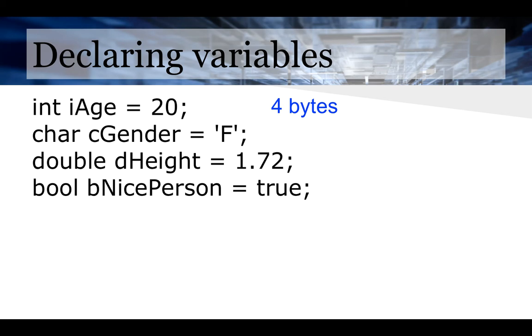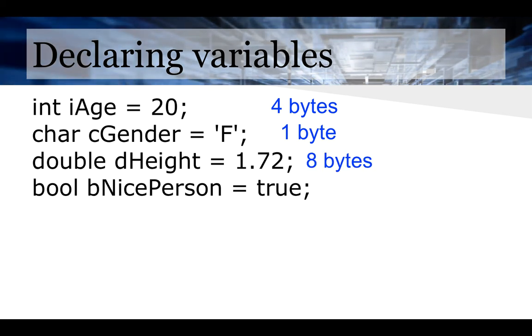Now, every data type will cost you space in memory. For instance, an integer will cost you 4 bytes, where char costs you 1 byte, double costs you 8 bytes, and Boolean costs you only 1 byte. So when I mention the cost for every variable, that's one part of that cost.